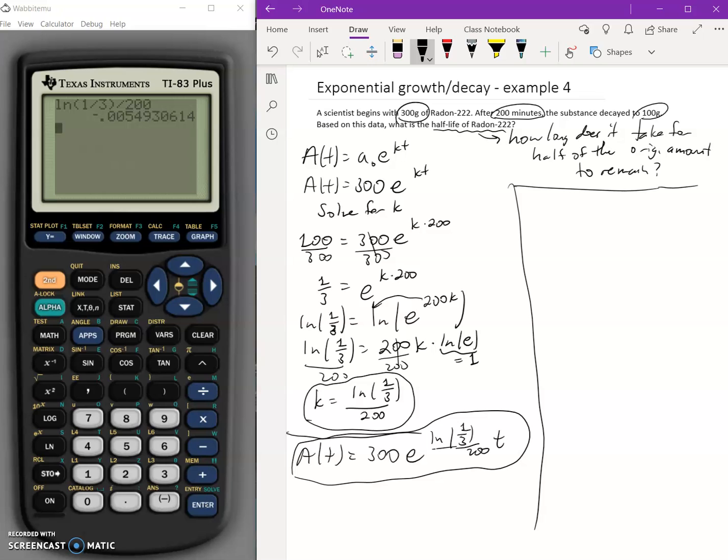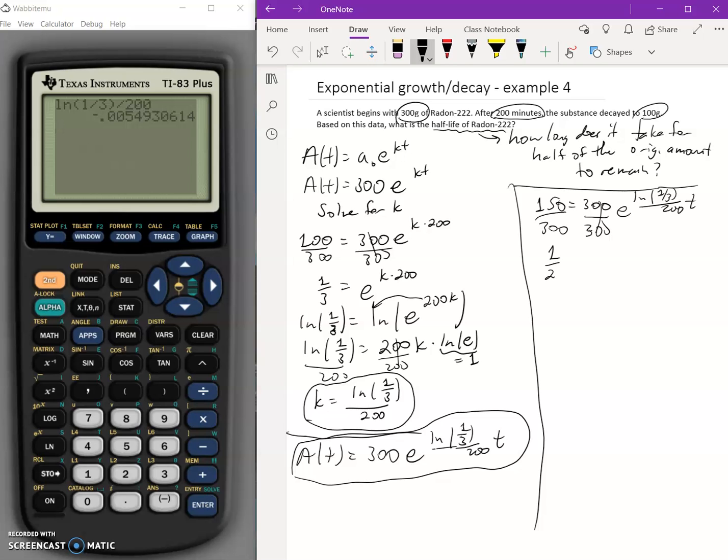So for half-life, I want half of the original amount remaining. So I want there to be 150 remaining. My initial amount was 300, and my thing over here is e to the natural log of 1/3 divided by 200 times t. I always need to get the exponent by itself, so I divide by the 300 first.